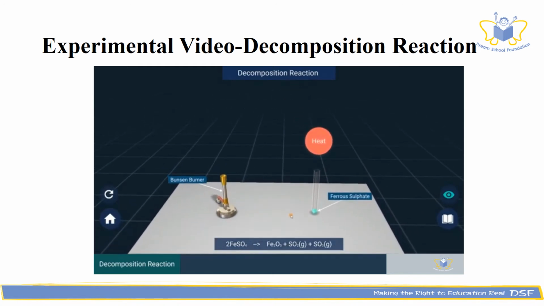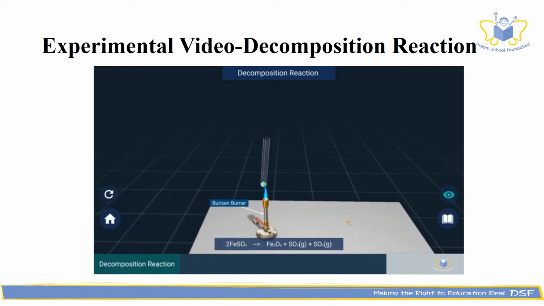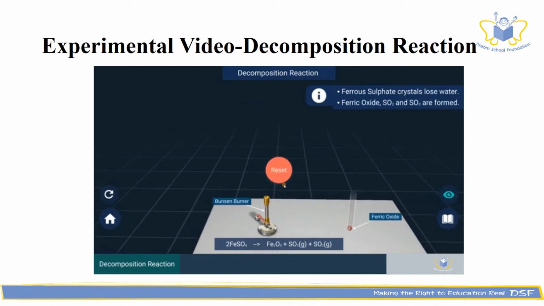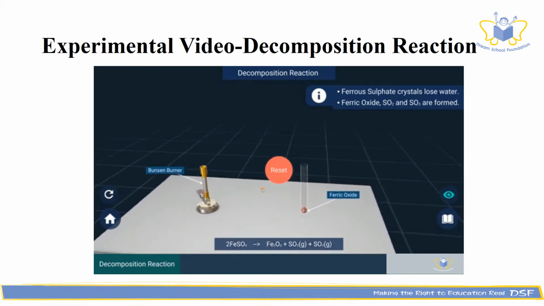Remember that it is green in color. Heat it over the Bunsen burner. We can see that the color of ferrous sulfate has changed to pink, ferric oxide, and the characteristic odor of burning sulfur has evolved.